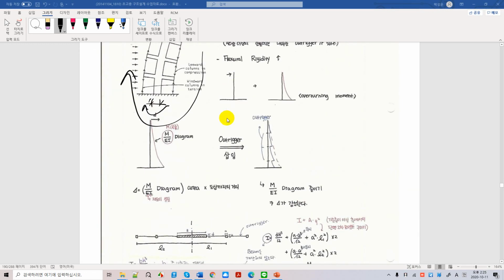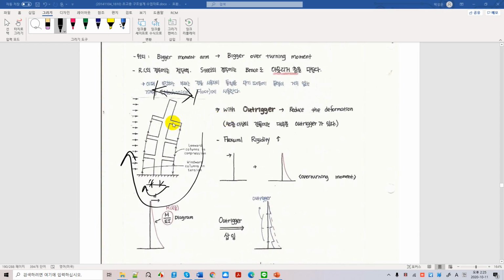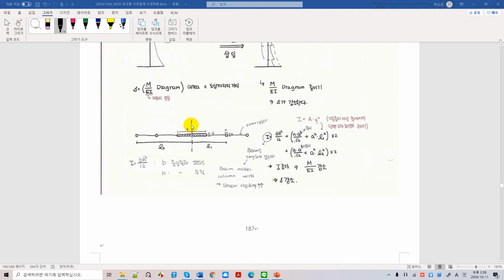You see, the outrigger is installed on only one story, like that. This is one story. In some cases you may put the outrigger in two stories, but it is customary to put the outrigger in one story separately, so that in that way you can maximize the use of the outrigger in resisting lateral loads, wind load and seismic load, whatever.